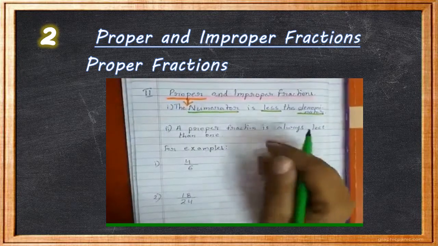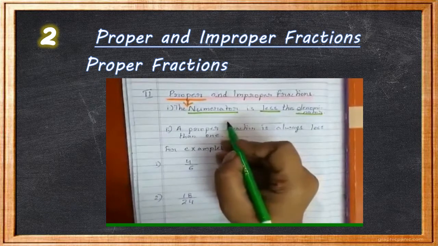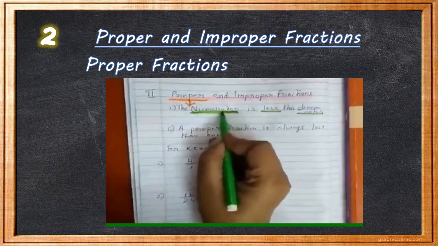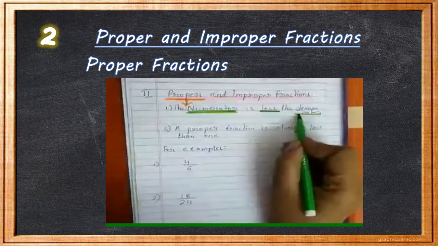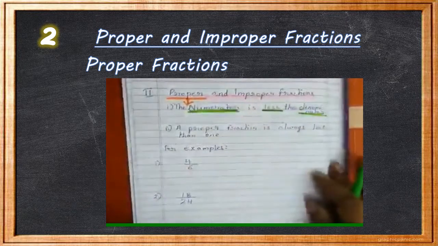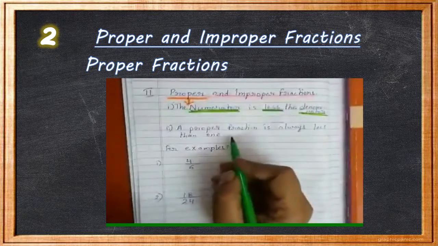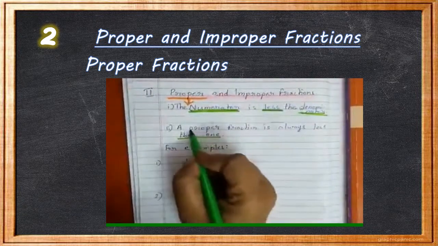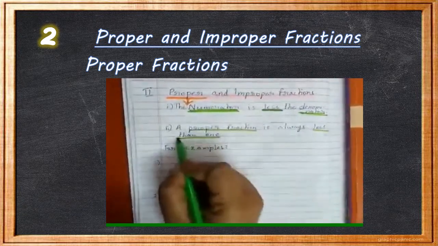Always remember children, proper fractions are those fractions in which the numerator is less than the denominator. And the second characteristic of a proper fraction is that a proper fraction is always less than 1.